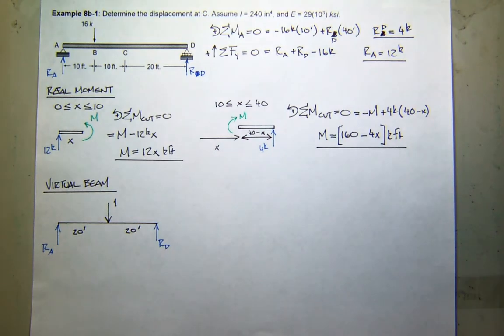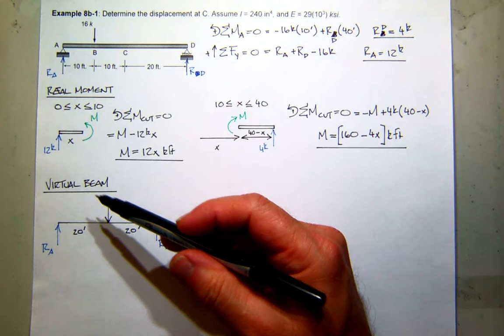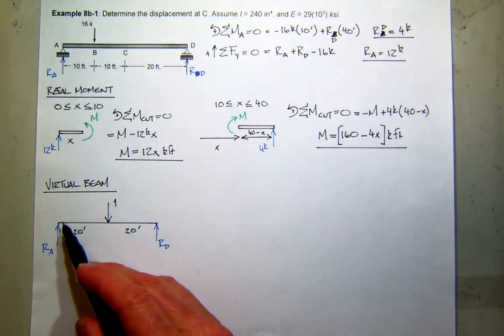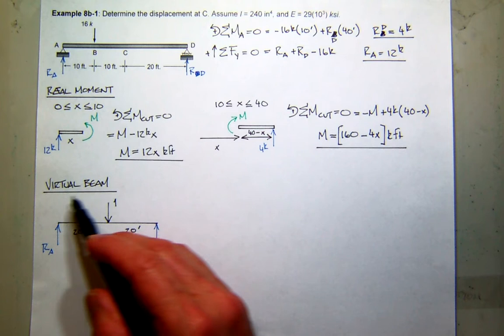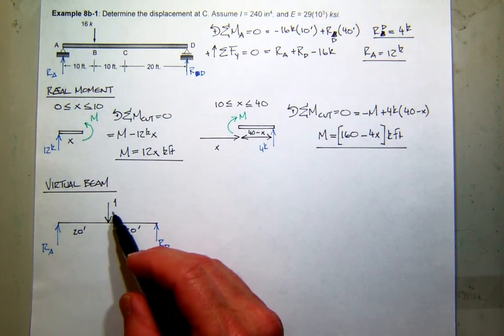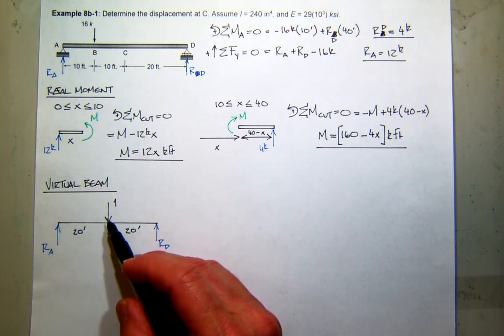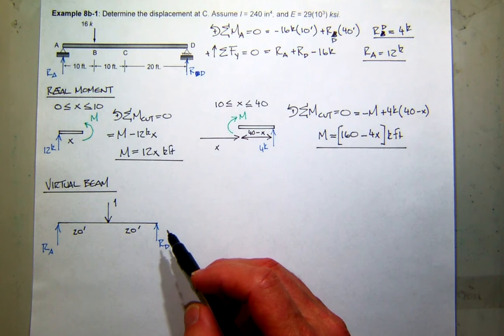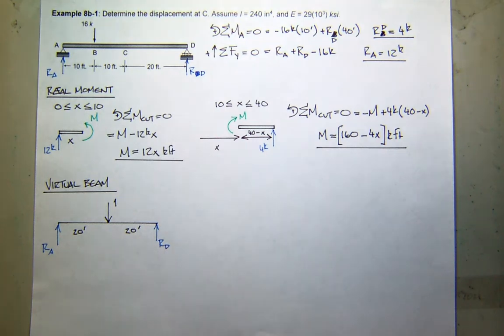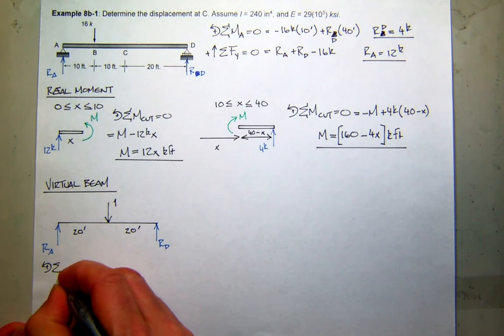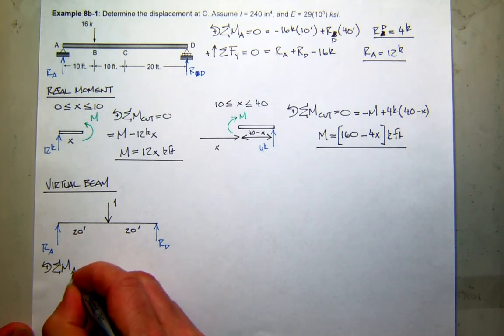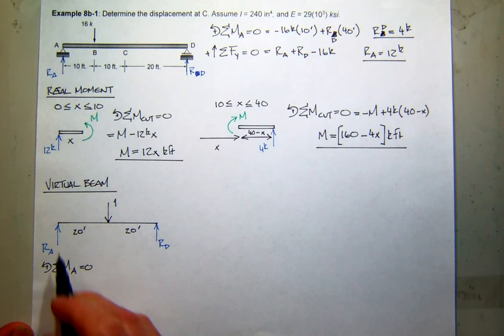So I'm going to have to now compute virtual moments. Can I write a single virtual moment expression for the whole structure? No. So I'm going to have one from 0 to 20, and a second one from 20 to 40. So I'm going to have to find my reaction. So I'm going to squeeze that in right here. So again, I'm going to sum moments at A. And about A, this virtual load creates what kind of moment?